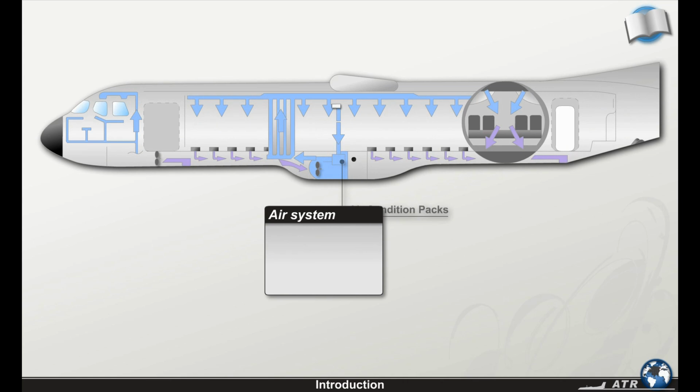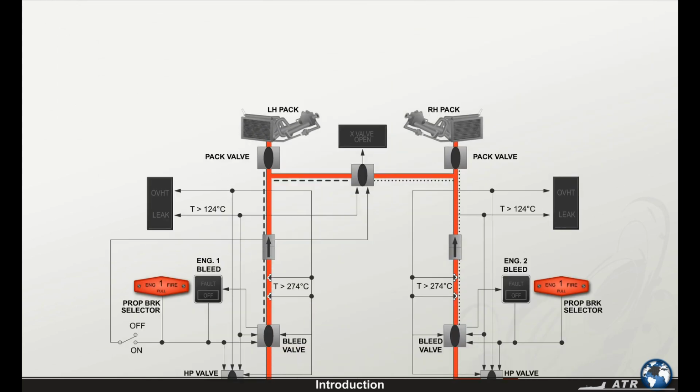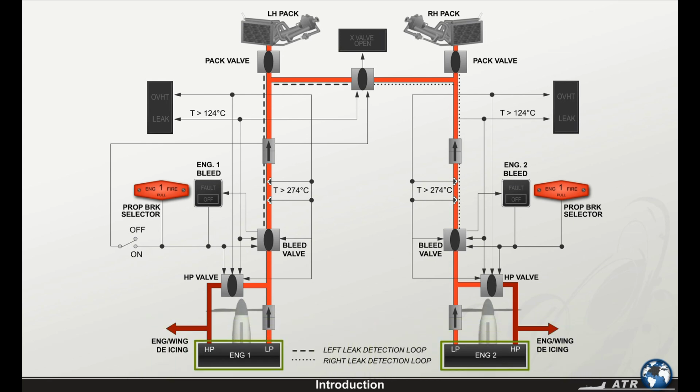The air system of the ATR 72-500 has three primary systems: pneumatic, air conditioning, and pressurization. The engine's compressors, through the engine bleed valves, supply pressurized air to the air conditioning and pressurization systems.